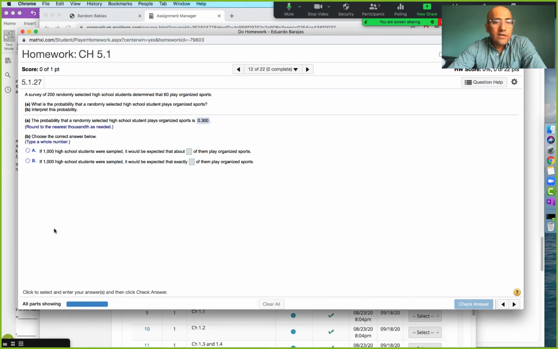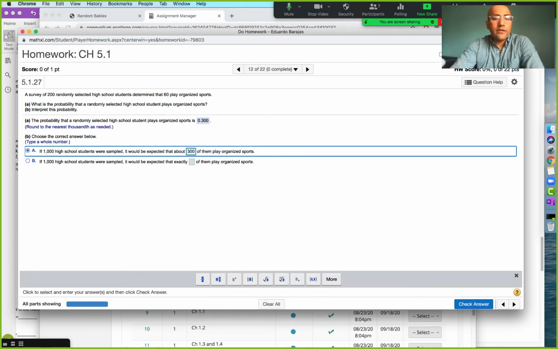Now, in order to come up with a sentence that describes that, we can phrase it in different ways. One way to phrase it is in terms of thousands. If 1,000 high school students were sampled, it would be expected that about 300 of them play organized sports. Why 300? Because 300 is 30% of 1,000.